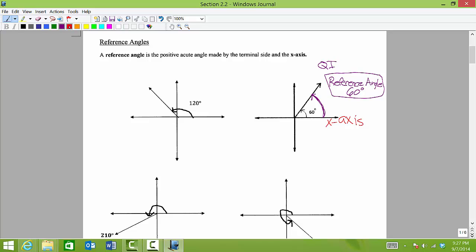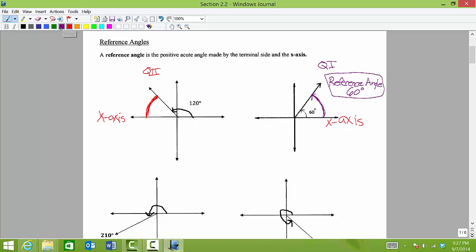So acute angles are technically their own reference angle. But if I get something that's non-acute, let's say 120 degrees, here we live in quadrant 2, we want to look at the angle that is formed, basically the distance between the terminal side and the nearest x-axis. So we actually want to know what this angle is.